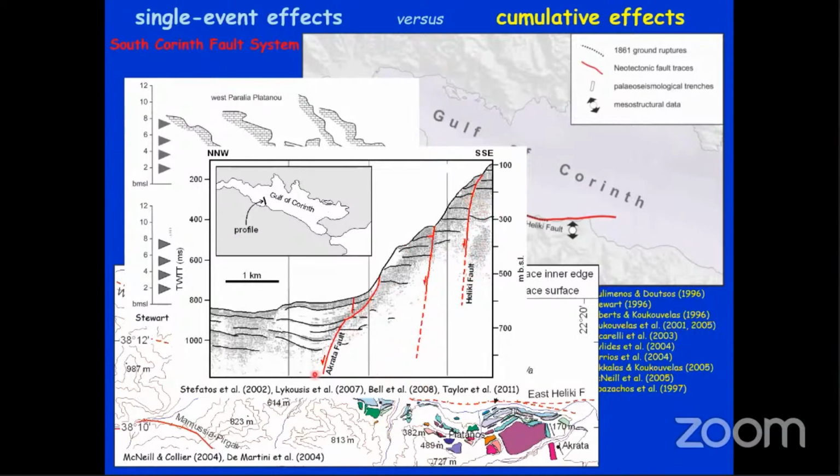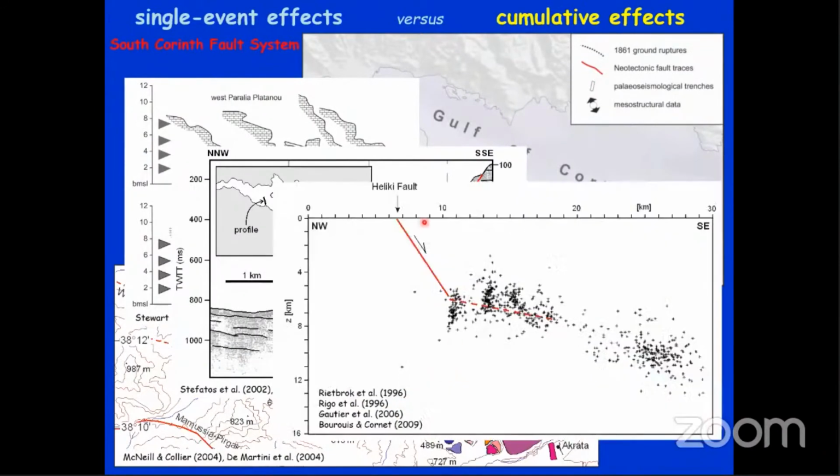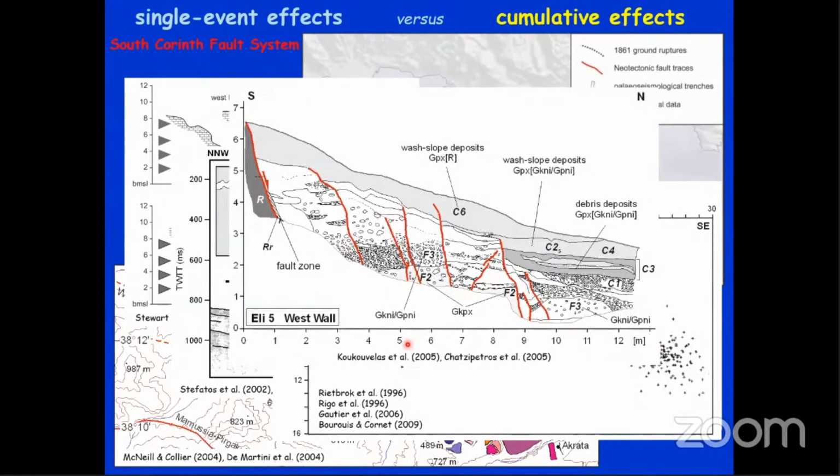So we can map the faults better, so we can see the distribution of the deformation, the amount of deformation. Together with stratigraphy, we can also get some information about the long-term slip rates on these faults. We can also exploit microseismicity distribution, constraining in depth the dimension of the fault.